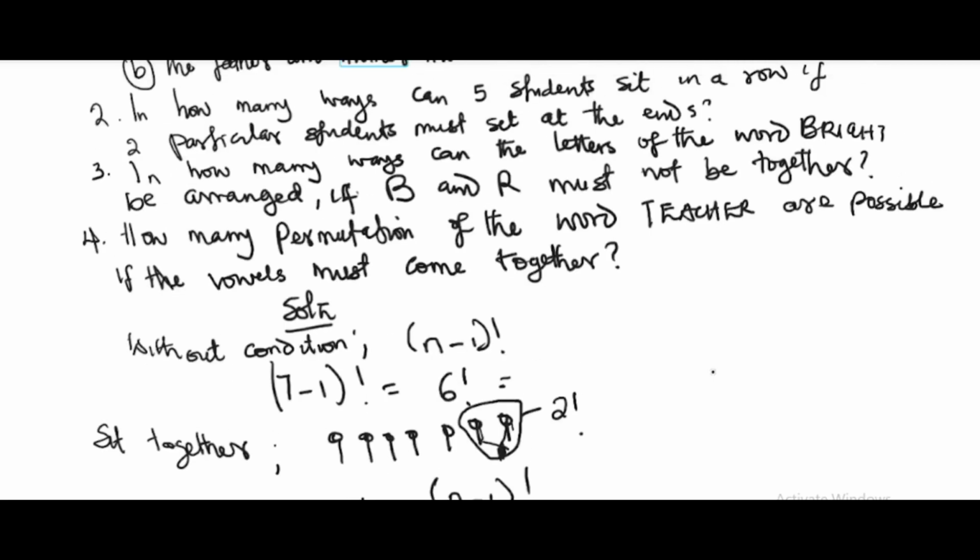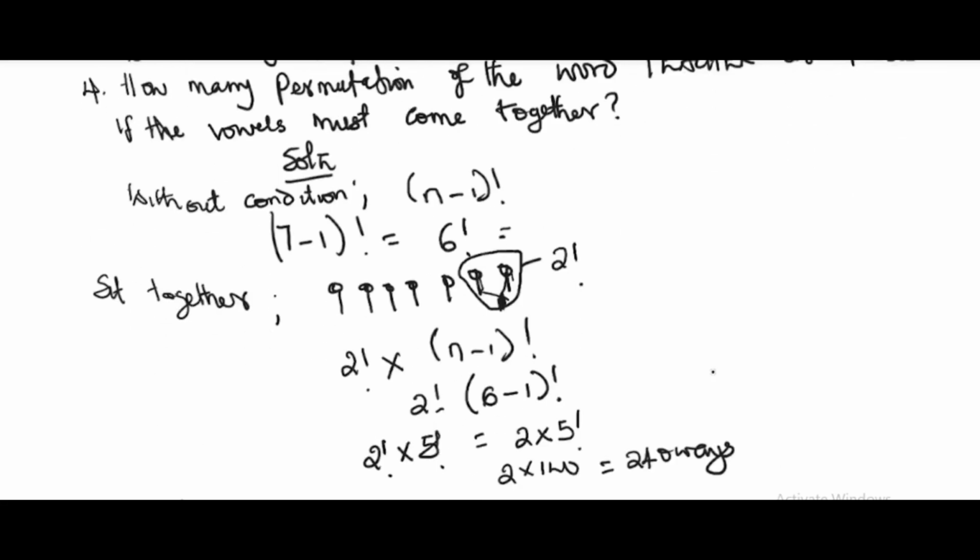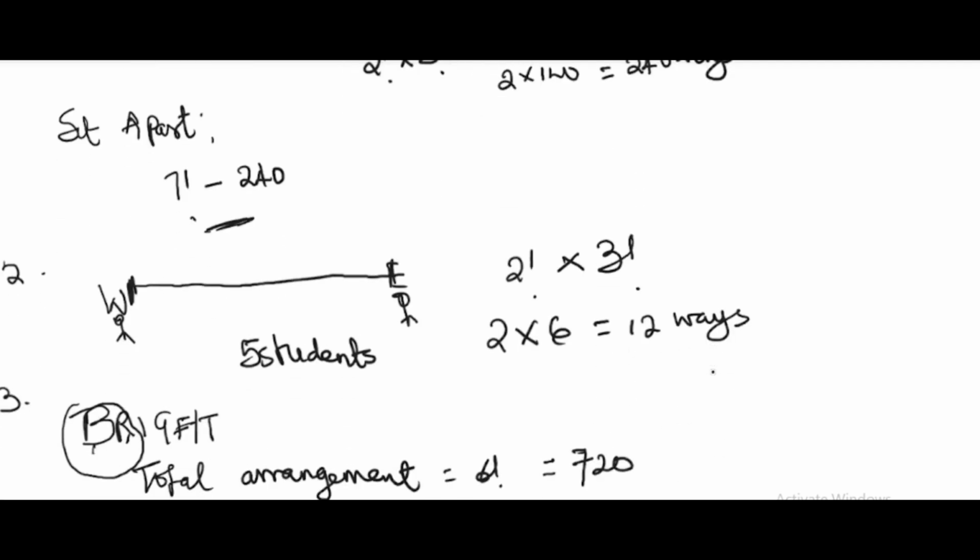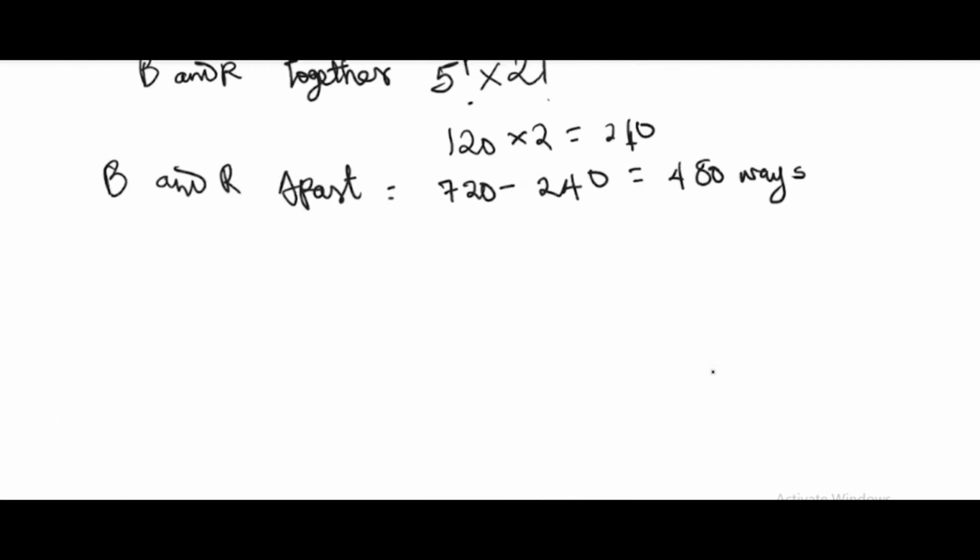The question says, how many permutations of the word teacher are possible if the vowels must come together? So let's have the word teacher. Let's start from there. Now in this word teacher, when we remove the vowels, what do we have left?